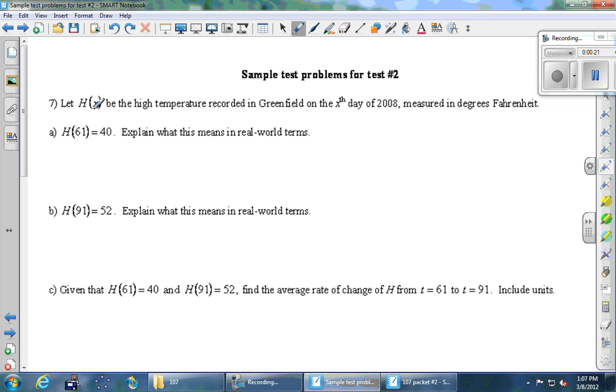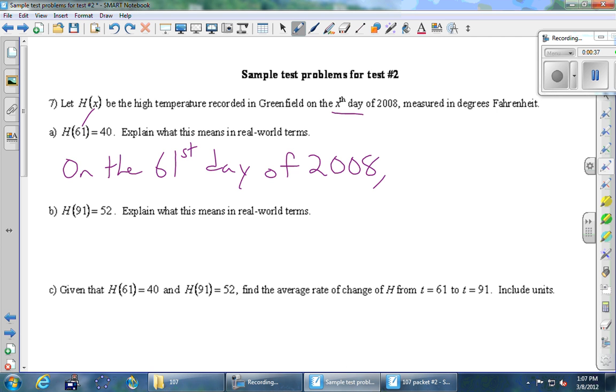Okay, so we need to figure out what the 61 means. The 61 is the x. X is the particular day of 2008. On the 61st day of 2008, something happened.